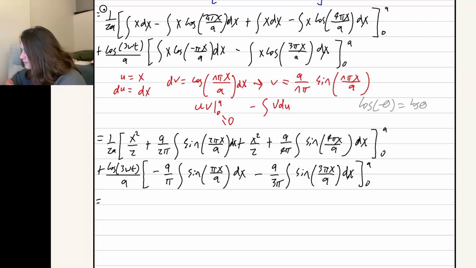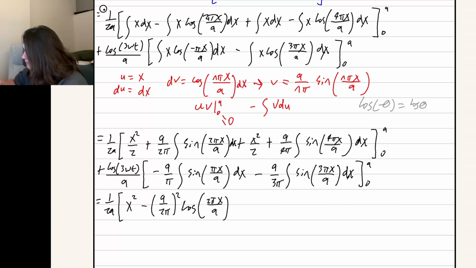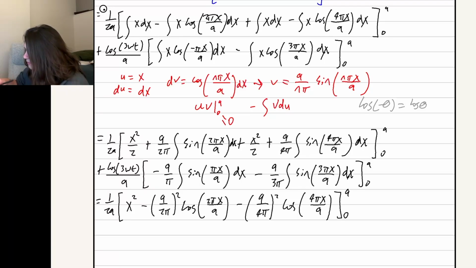Actually, let's not evaluate yet. Let's actually do those integrals that are in there. Adding together the x squared stuff, that's going to be a over 2 pi squared. You actually get a minus cosine 2 pi x over a, and you get a minus a over 4 pi squared cosine 4 pi x over a from 0 to a.